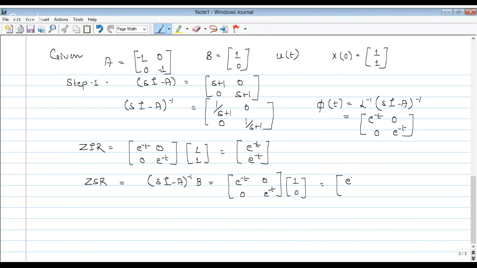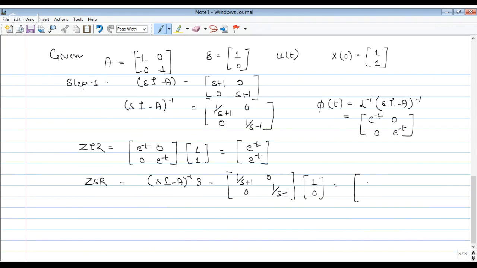Actually, what we have to do is take the Laplace inverse, but we only had to take that first.